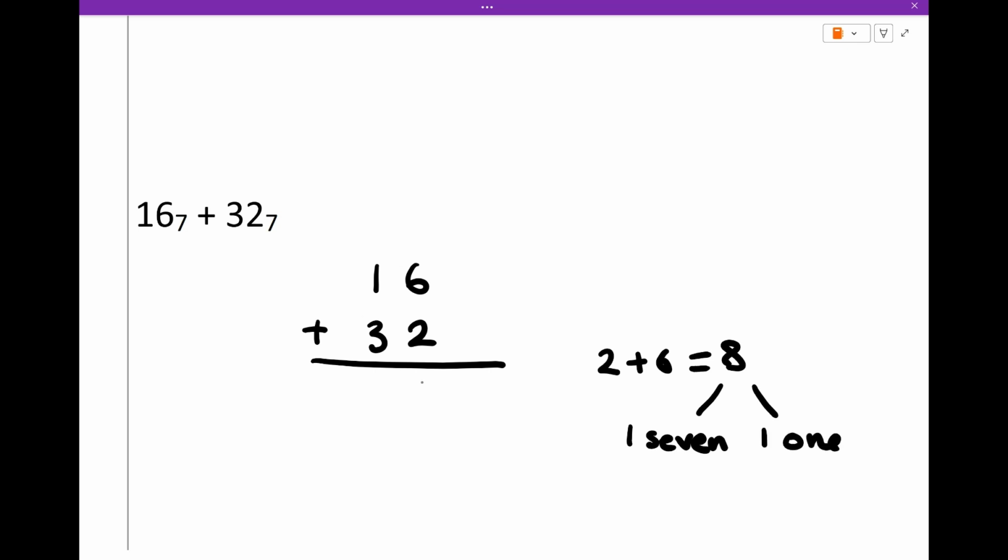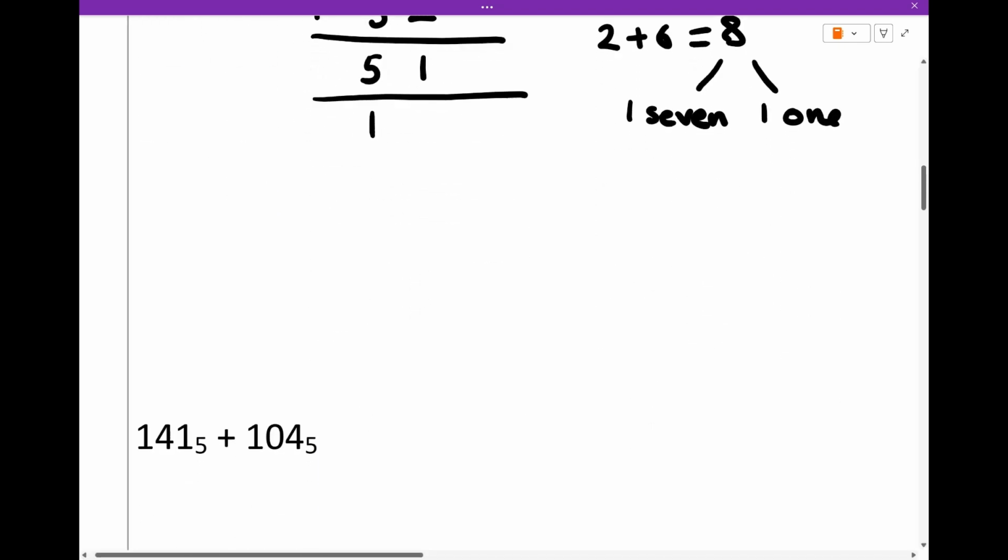That 1 one goes here, and that 1 seven gets carried into the next column, which is the 7s. So then we've got 1 seven plus 3 sevens, which is 4 sevens, plus another 1, so it's 5 sevens. So the final answer is 51 base 7.